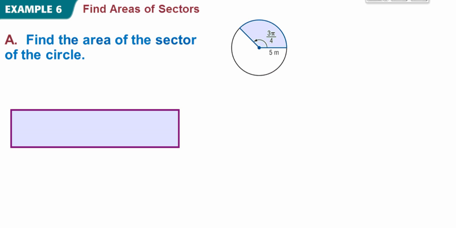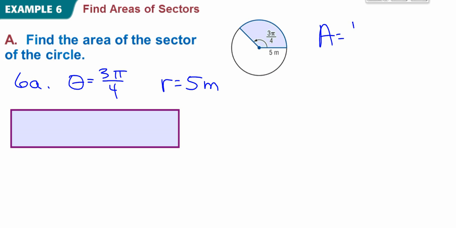So here's our picture. Find the area of the sector of the circle, 6a. Our angle theta is 3 pi over 4, and so that is in radians. And then our radius is just listed here as 5 meters. More than anything, we just have to make sure that we remember the formula. So area is 1/2 r squared theta.